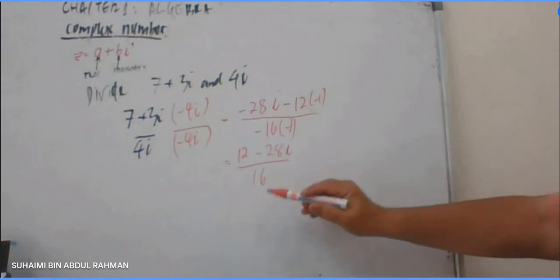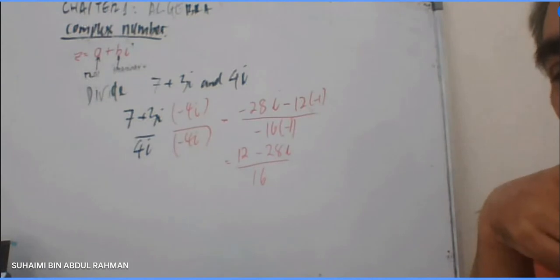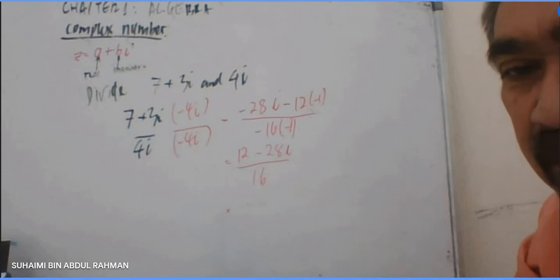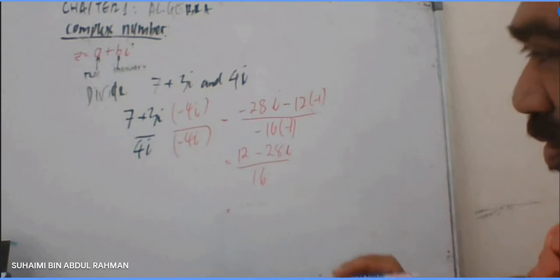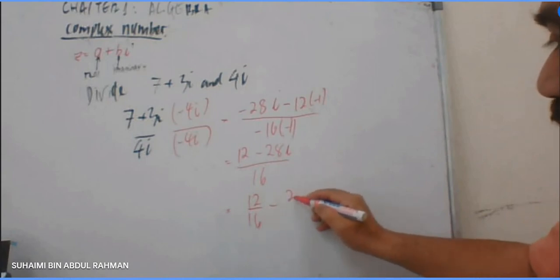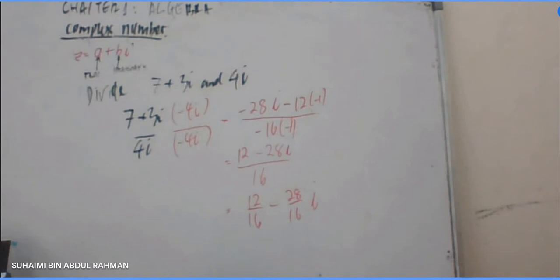So because we want to write in the general form of a complex number, what we do is 12 over 16 minus 28 over 16 i. We separate real and real, imaginary and imaginary.